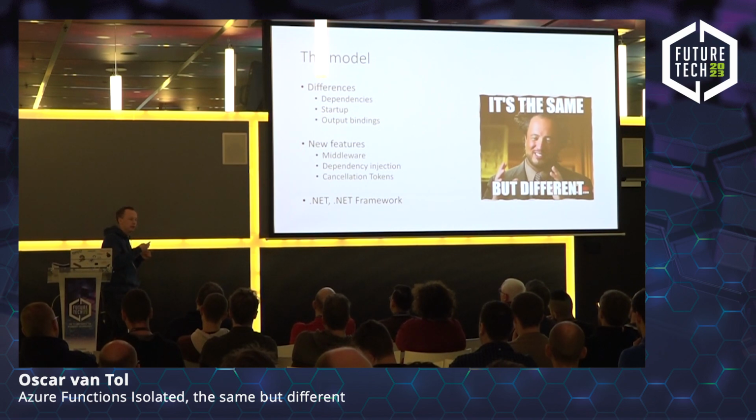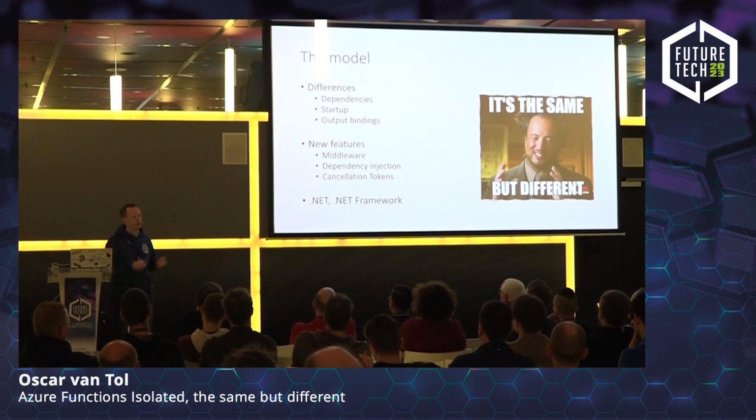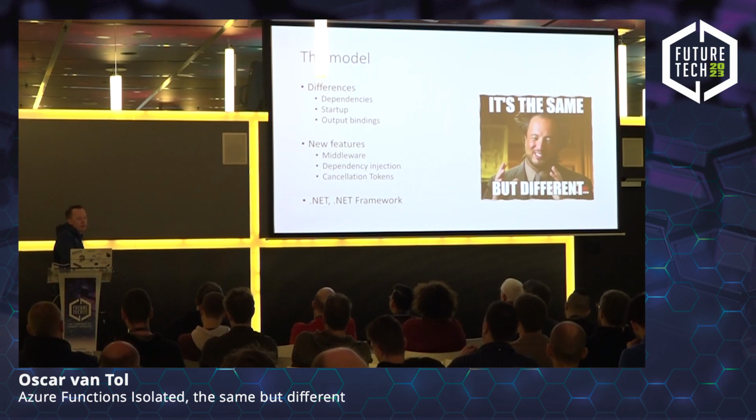With that, they are also stopping support on V1, finally, because .NET Framework for isolated is now supported. It also means that the preview of .NET 8 that got out yesterday, you can install it and run it and see what happens.